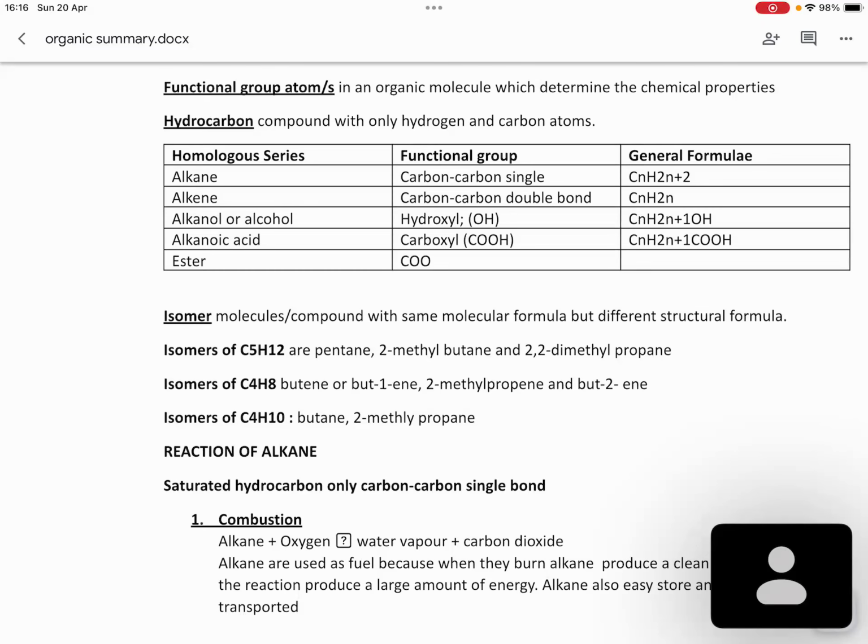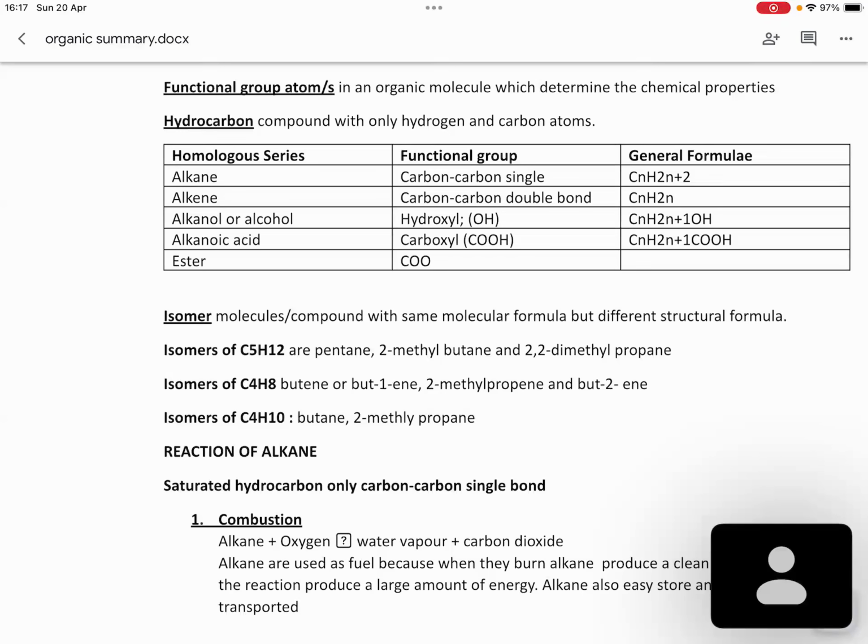Allotropes: different physical forms of the same element. Example, carbon has 2 allotropes, diamond and graphite. Isotopes are atoms of the same element. They have the same number of protons, but different numbers of neutrons. Do not mistake them.